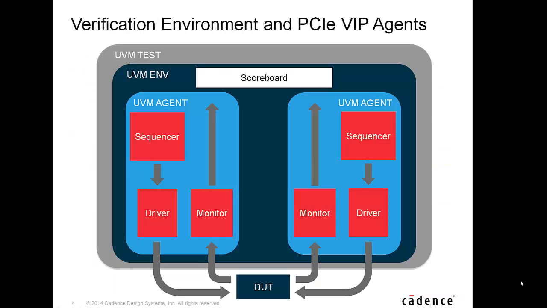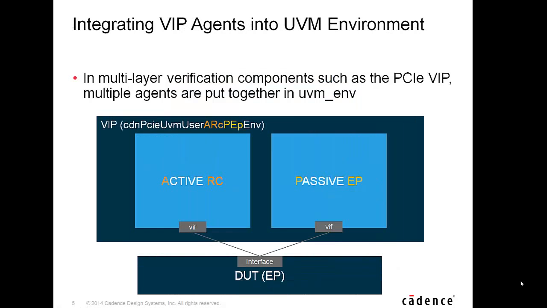A typical UVM environment has multiple agents to stimulate the design, collect coverage, and perform self-checking using a scoreboard. In this demo, we will show you how to integrate PCI Express VIP as UVM agent in your UVM environment. In multi-layer verification components such as the PCIe VIP, multiple agents are encapsulated under UVM ENV.